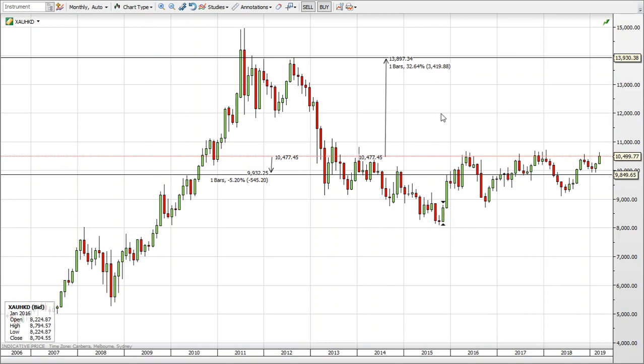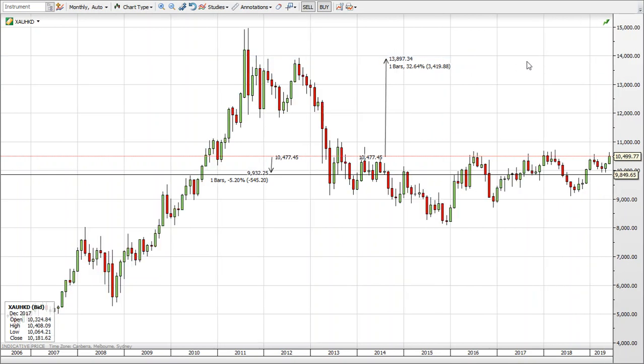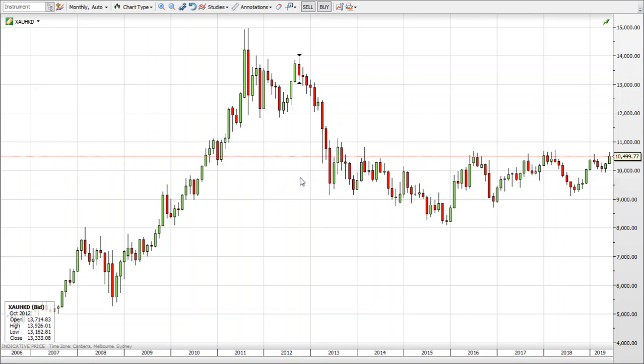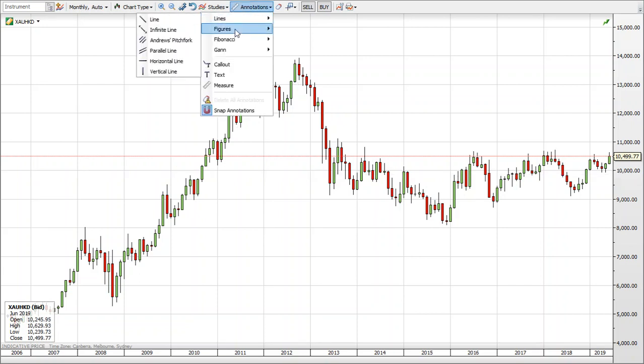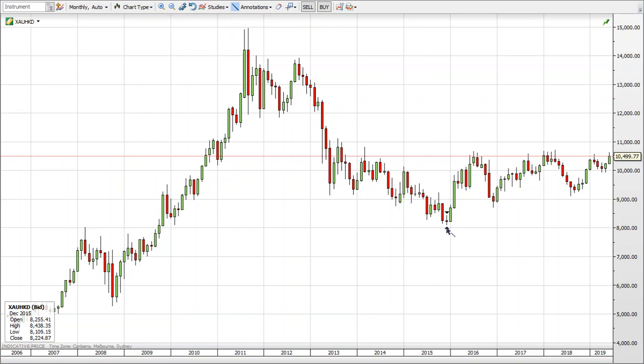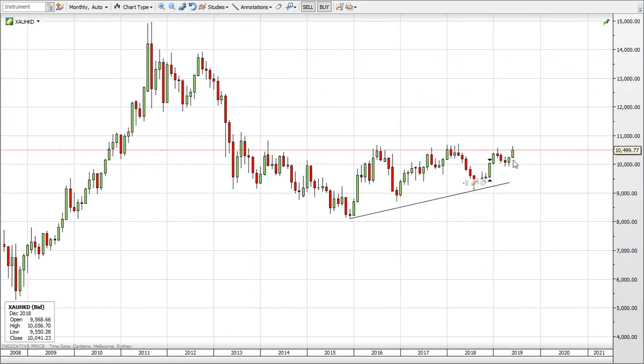In terms of the technicals, you can see that there's an uptrend forming. That uptrend has formed since late 2015, and it's always a good thing to be long something that's trending in your favor. So, say that's the trend.